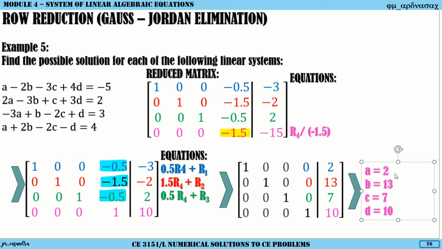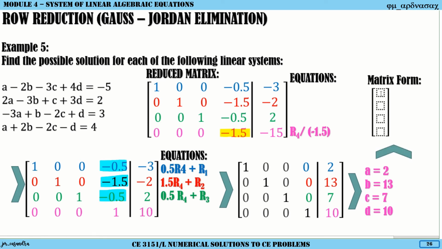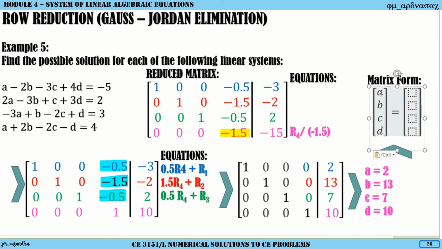So these are all the values of our variables. We're able to solve for their equivalent values. In matrix form, we could also write the values of the variables A, B, C, D as 2, 13, 7, and 10.